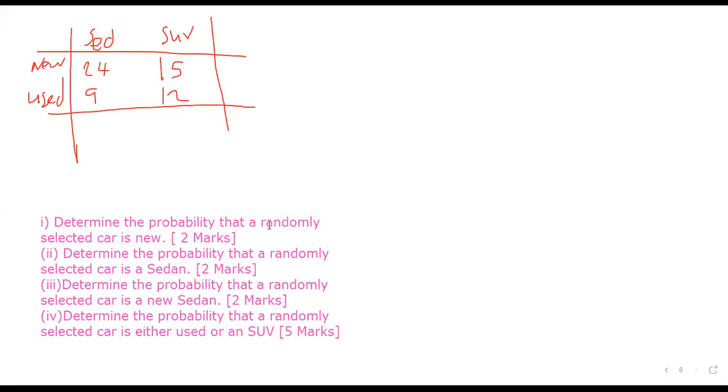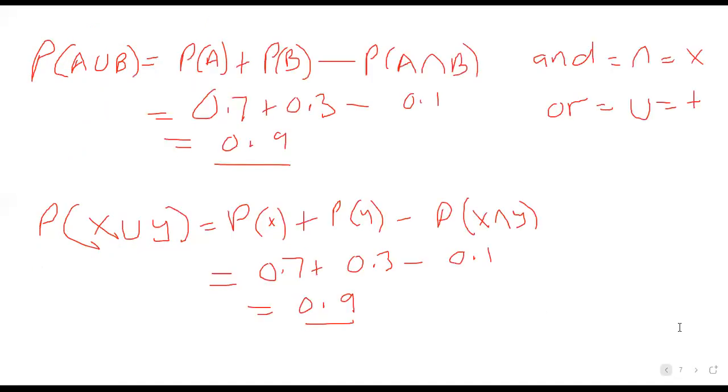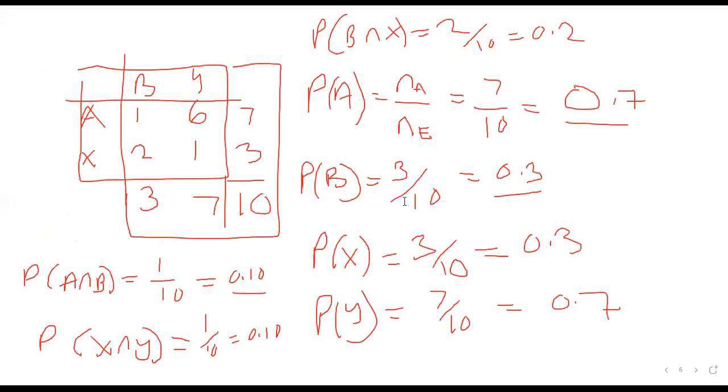Determine the probability that the randomly selected car is new. Determine the probability that, okay, before I go there, let me explain the other thing that I haven't explained here. There's also what is called conditional probability. So when I'm dealing with conditional probability, you'll be given a question to find the probability of A given B.